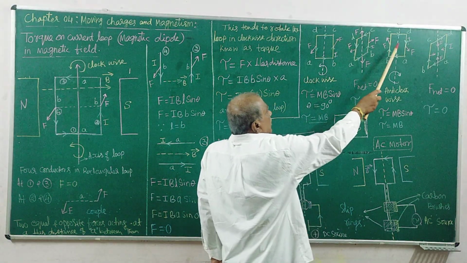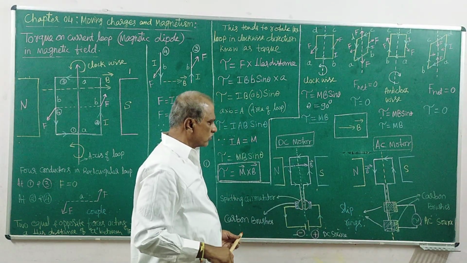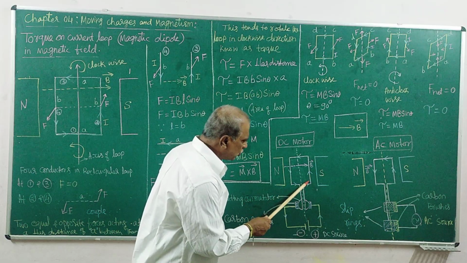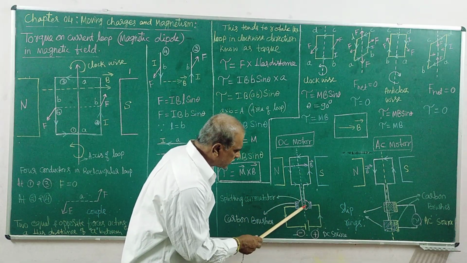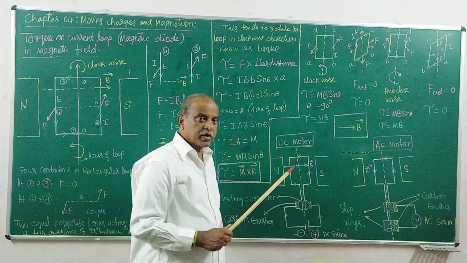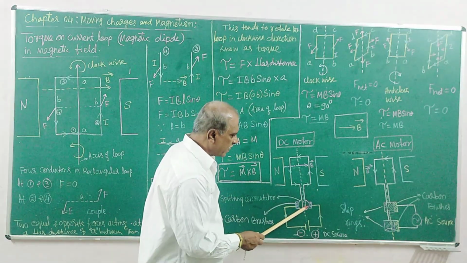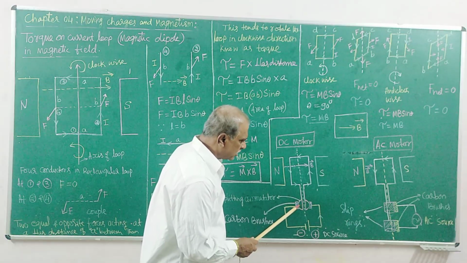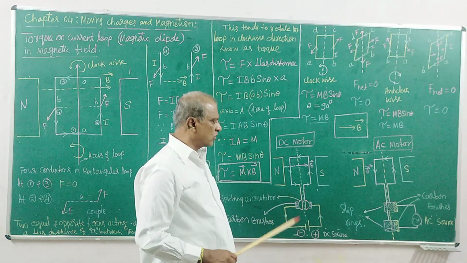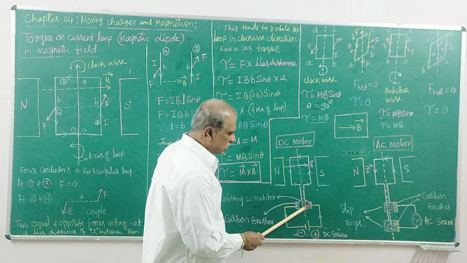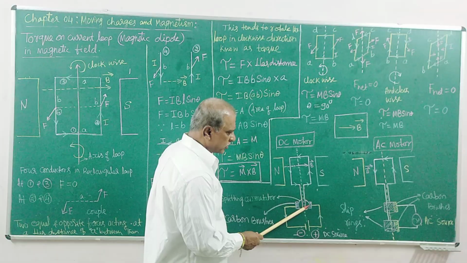This alignment becomes that alignment. When the loop is rotated, the commutator also rotates. After 180 degrees, what was here comes here.